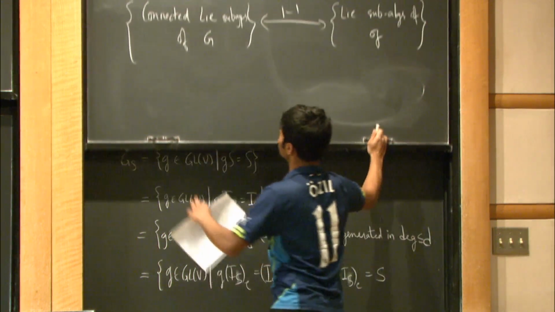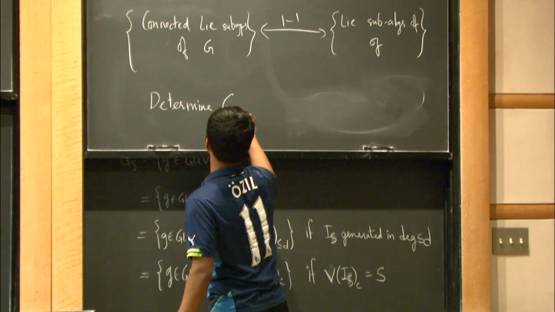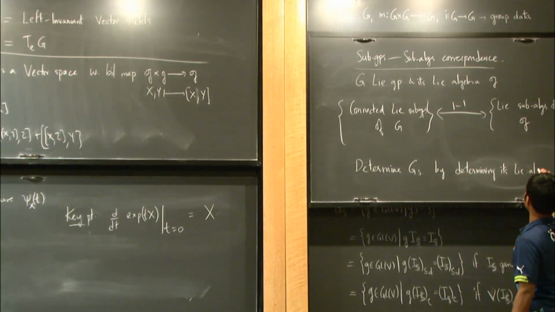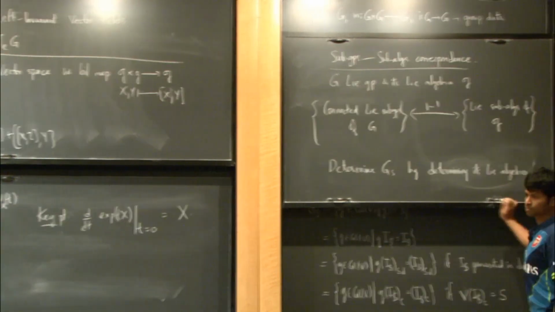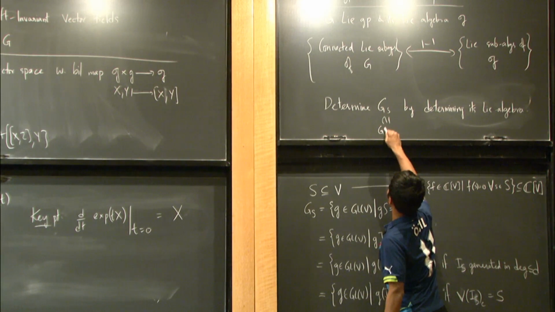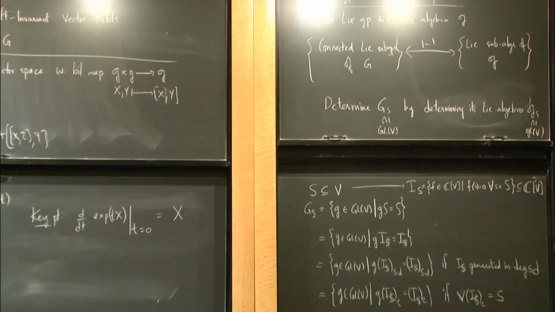So the point is, you can determine G_S by determining its Lie algebra as a subalgebra of GL(V). As a subgroup determined by the action of G on a particular ideal, I need the corresponding action.